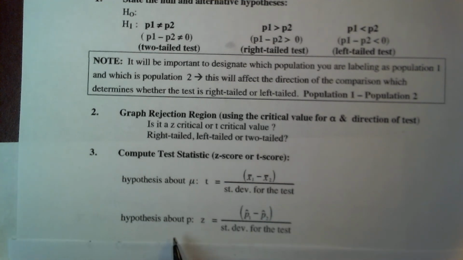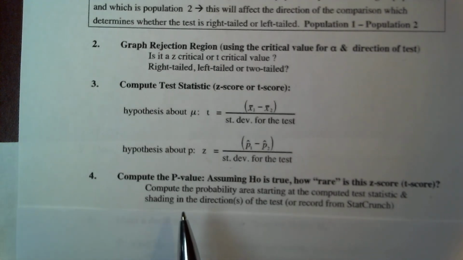Similarly, when we have the hypothesis about the population proportion, we use a z-test statistic, and that's p hat 1 minus p hat 2 divided by the standard deviation for the test. Again, we'll specify what that is. It's a little bit more complicated, but you'll see how that all works.